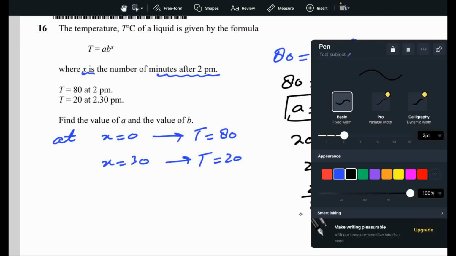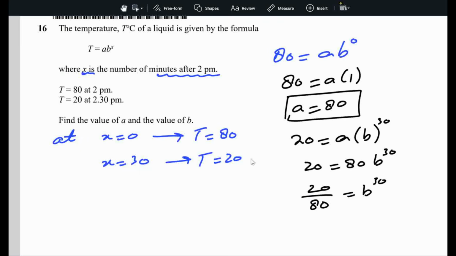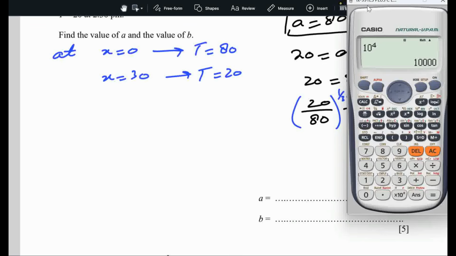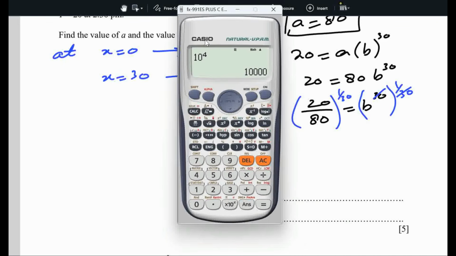Now we want to find the value of b. So from here, we can take power 1 by 30 on both sides. So this will cancel out, and we can now use the calculator to find the value.